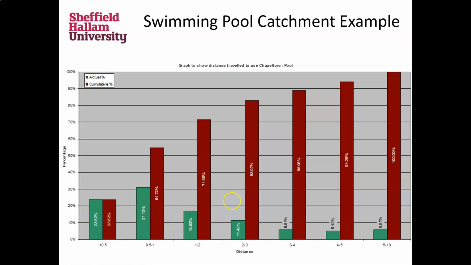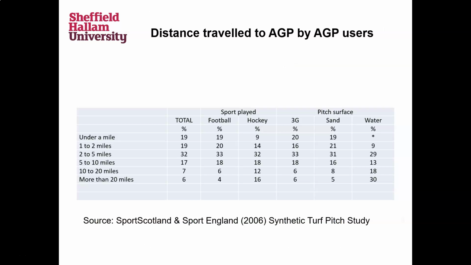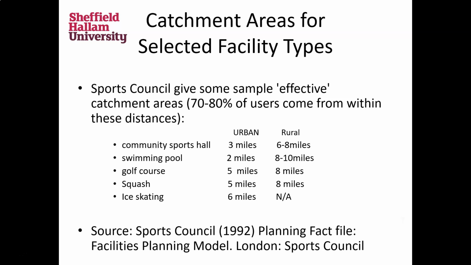So by the time we get up to 2 miles, the cumulative number is 70%, and by the time we get up to 3 miles, the cumulative percent is over 80%. So for Chapeltown swimming pool, as an example of a swimming pool within Sheffield, we've got evidence which supports Sport England's suggestion that an effective catchment area for a swimming pool is 2 miles.